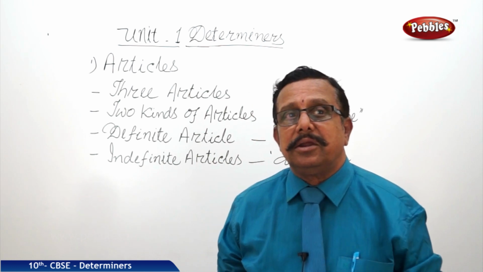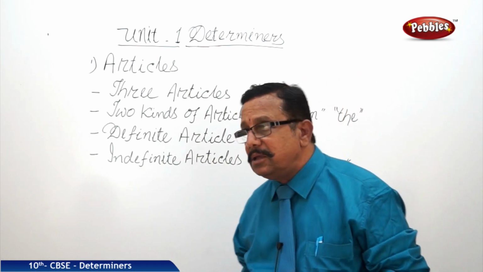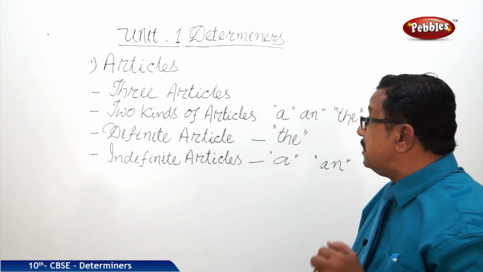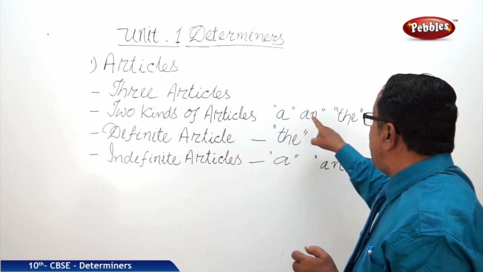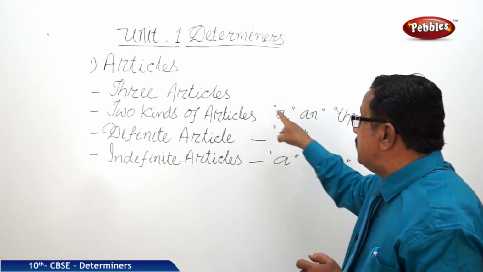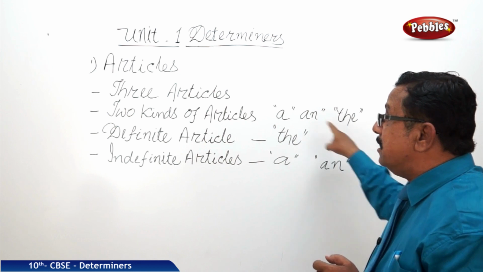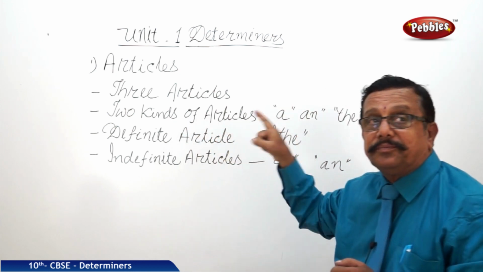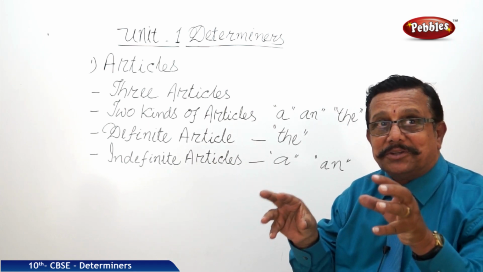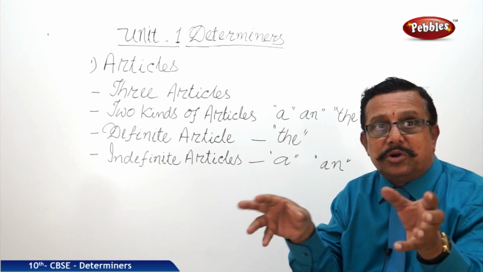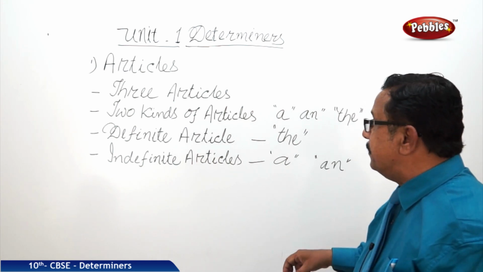Now in these articles, what we see here is 3 articles are there. What are these 3 articles? A, an and the. But these 3 are divided into 2 kinds, 2 divisions. What are they?